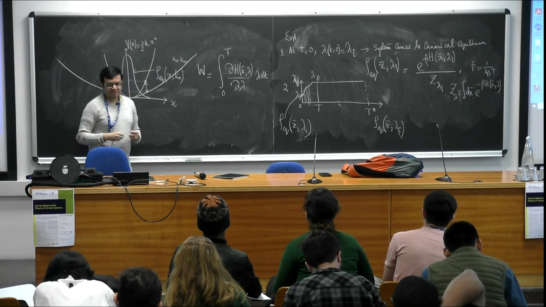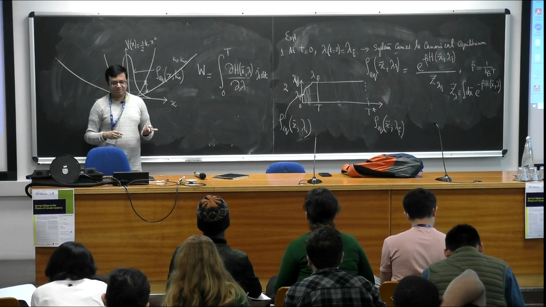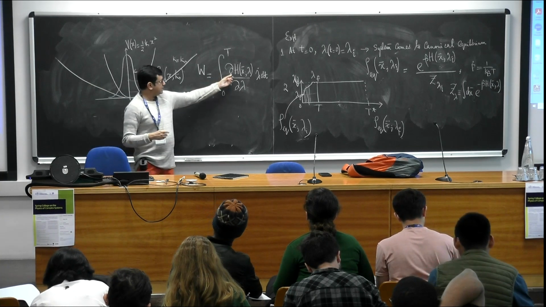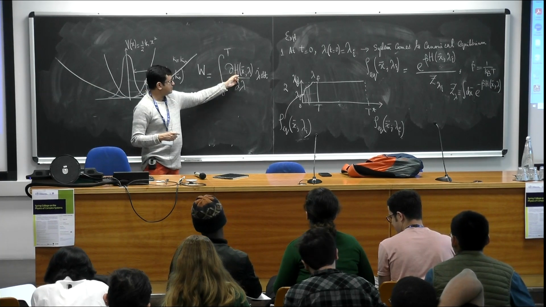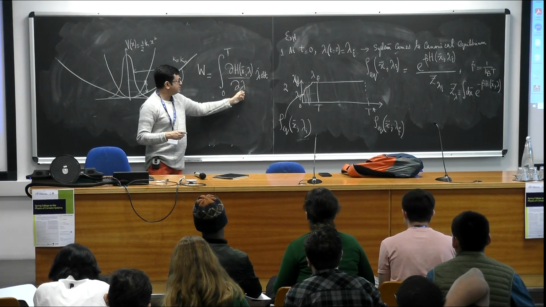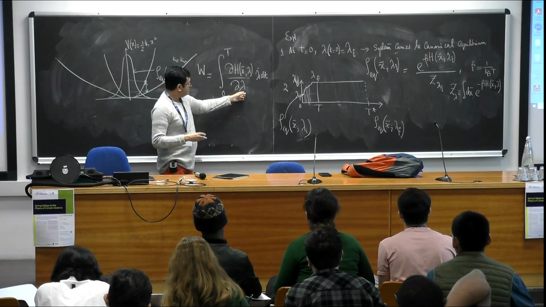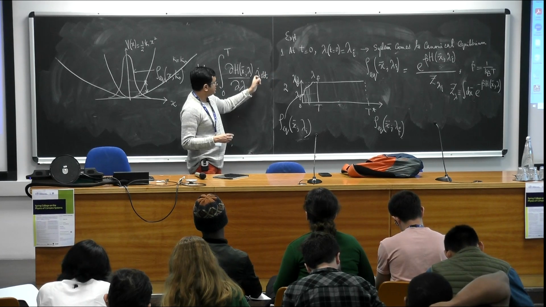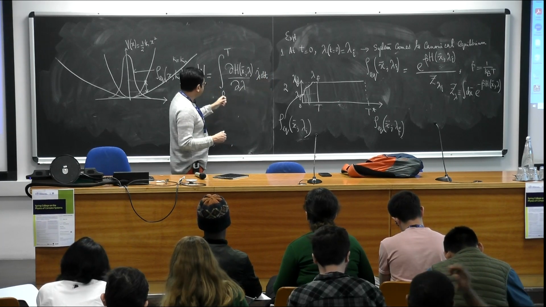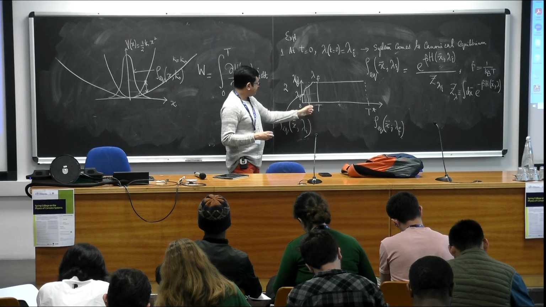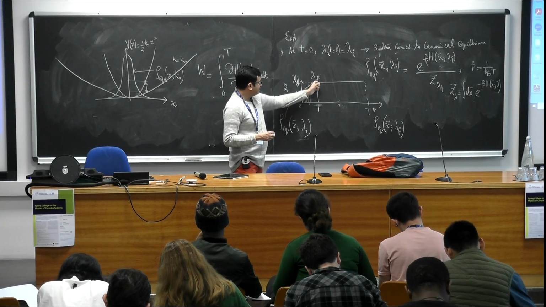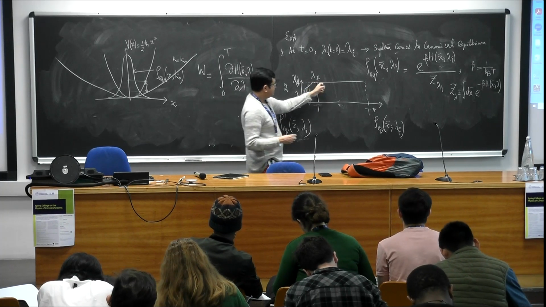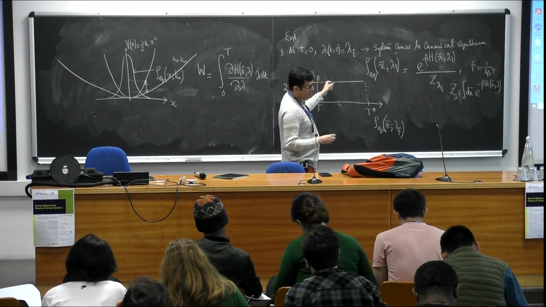Is this definition clear? This is the work done on the system. Because what this guy tells me is how much does the Hamiltonian change when lambda changes by a small amount, and how much does lambda change? This is d lambda, which is nothing but lambda dot dt, and I need to integrate over the time from 0 to t, because this is the regime in which lambda is changing, while this is the regime in which lambda is not changing.